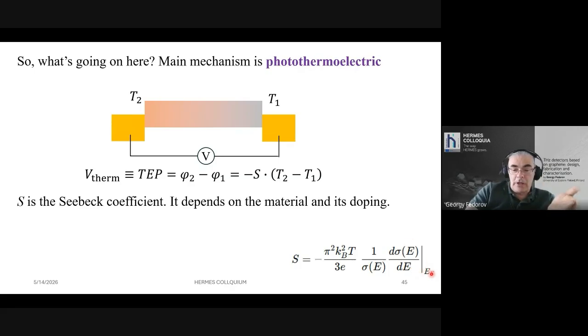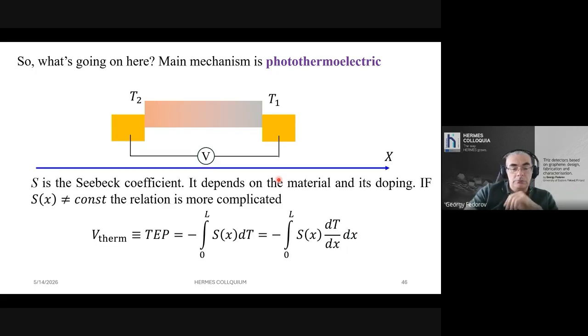As you change the Fermi energy, this term will also change. On the other hand, you can have the channel not uniformly doped. So the Seebeck coefficient now can depend on temperature, and the voltage you will measure will be given by this formula, by an integral over the length of this channel. It's the product of the local Seebeck coefficient value by the gradient of temperature.